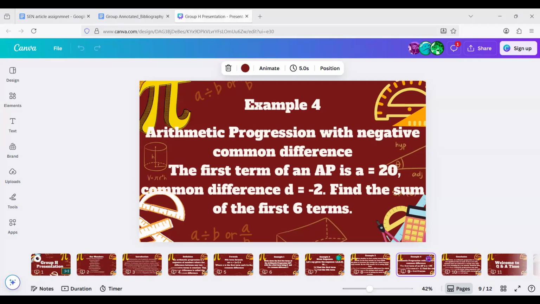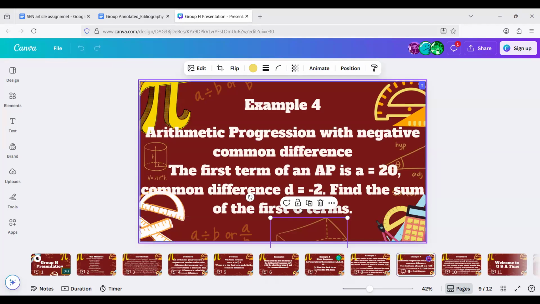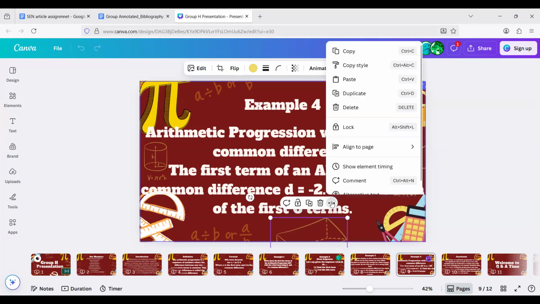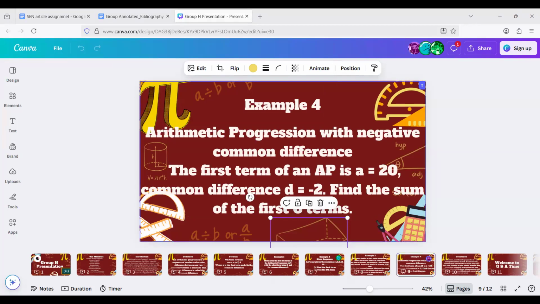Now it reads: the arithmetic progression with negative common difference. The first term of an arithmetic progression, a equals 20, common difference, d equals -2. Find the sixth term. Now, our first term and common difference were given, right?